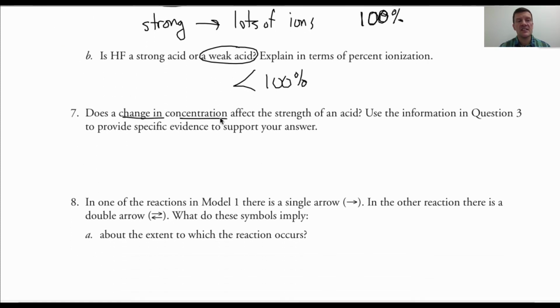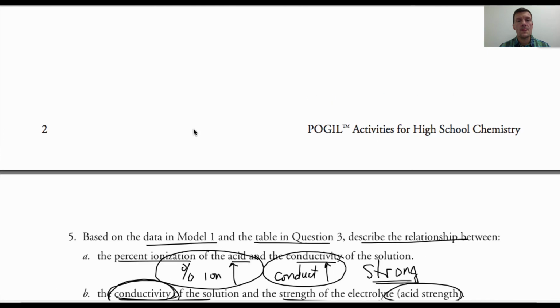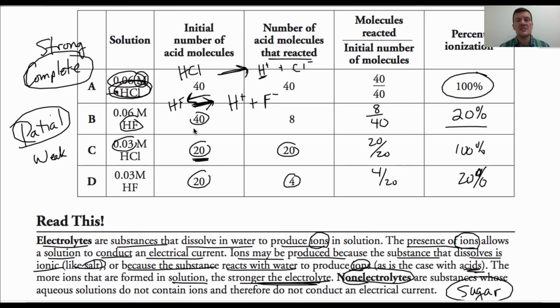Does a change in concentration affect the strength of the acid? Use the information in question 3 to provide specific evidence. What they're saying is, it doesn't matter how many particles you have of HCl, all of them are going to ionize. You will always have 100% ionization for HCl.